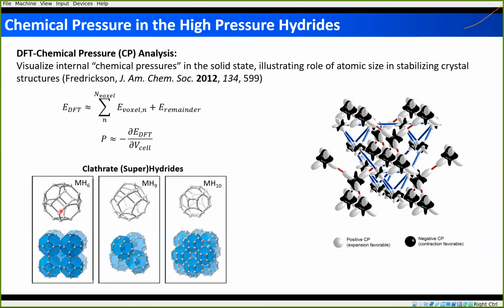But this MH6 phase is not stable for every divalent or trivalent metal atom, and we might want to understand why that is.